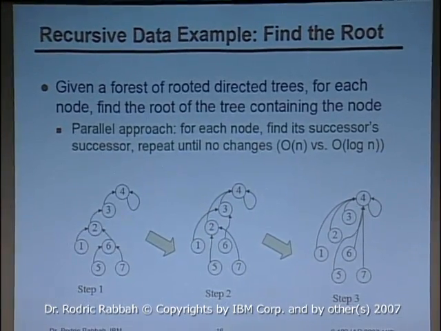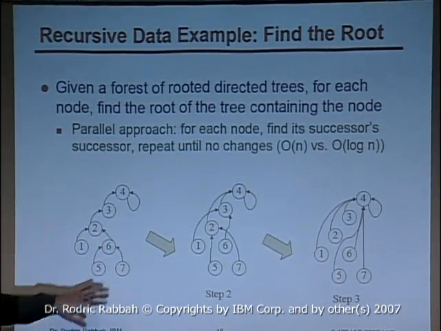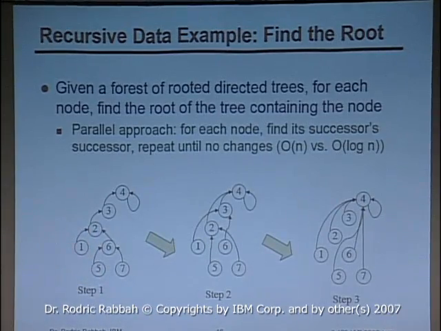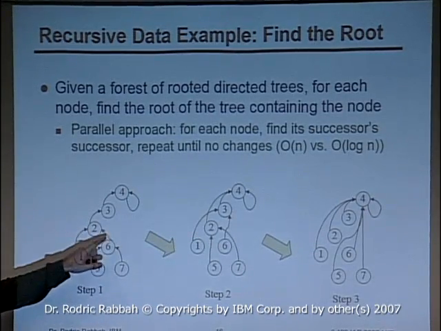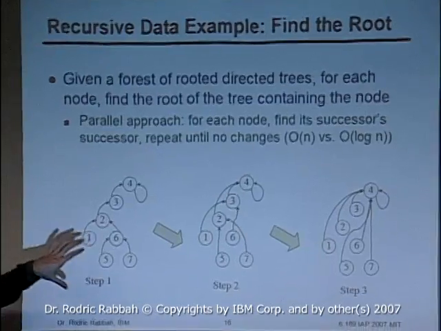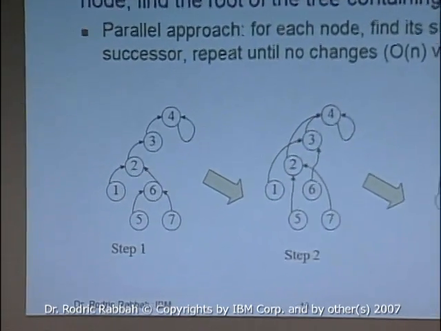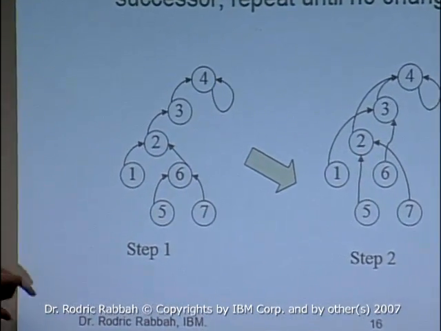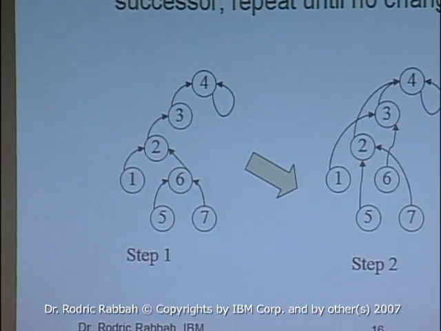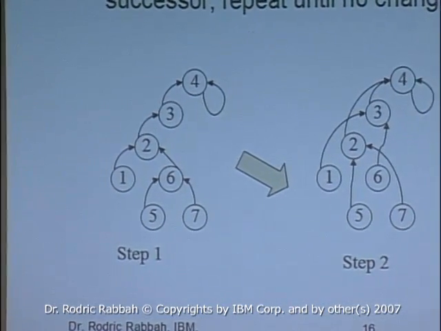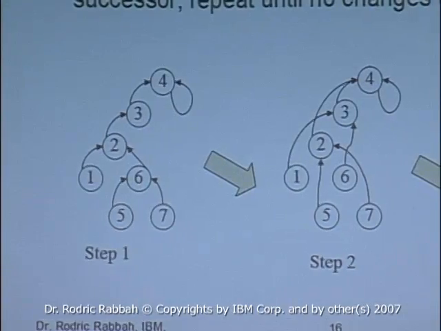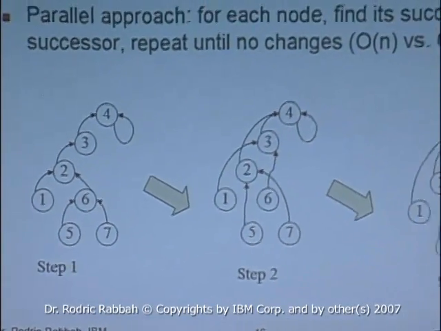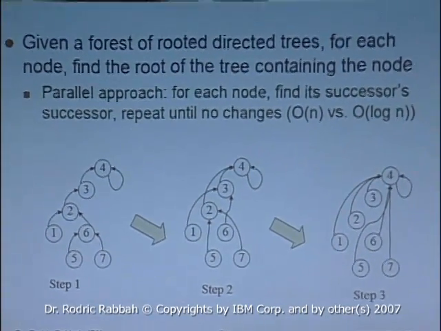So in this application, we have some graph. And for each node in the graph, we want to know what is its root. So this works well when you have a forest where not all the graphs are connected. And given a node, you want to know who's the root of this graph. So what we can do is essentially have more concurrency by changing the way we think about the algorithm.